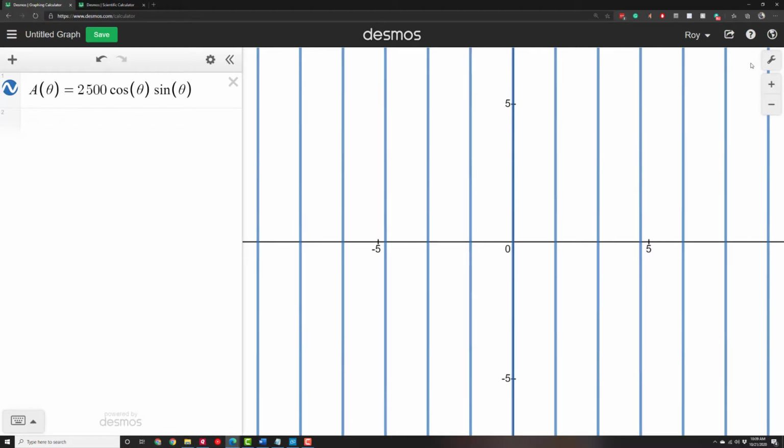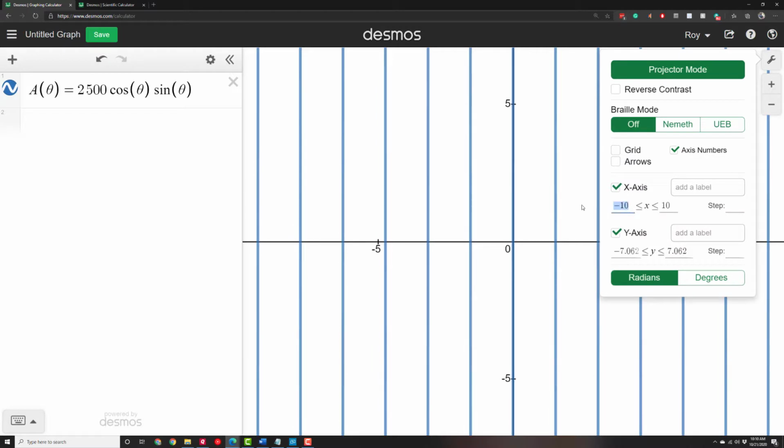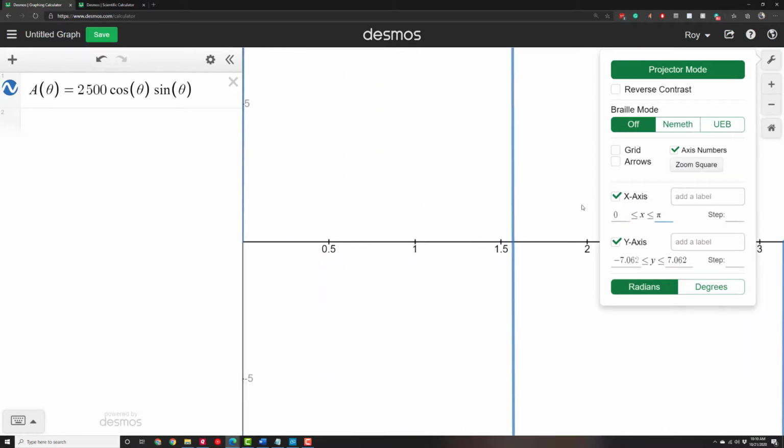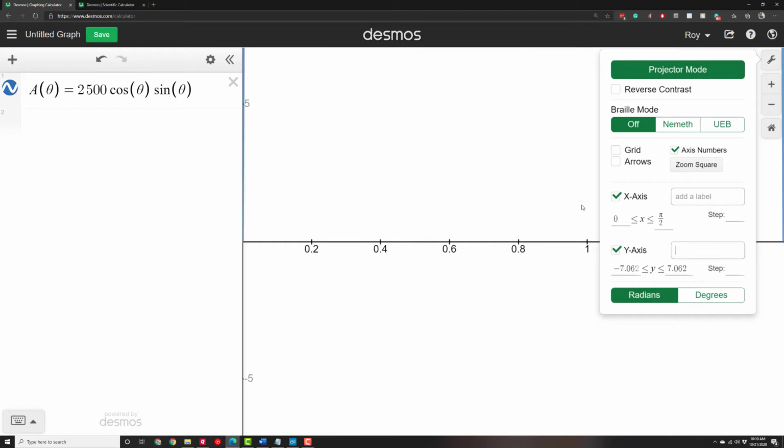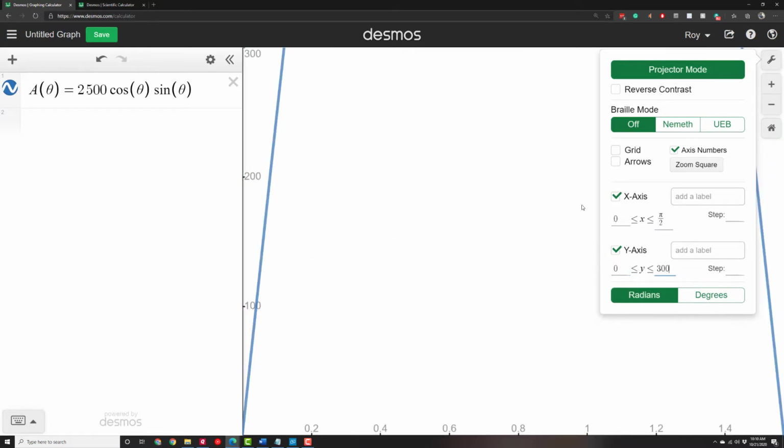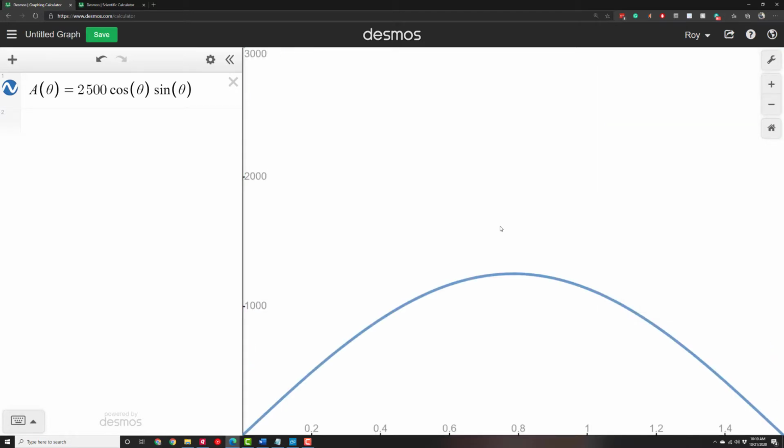They're totally different pictures. And so this is a very obvious somebody went to Desmos and just copied a graph versus somebody who knew what they were doing and took into account, oh, theta's between 0 and pi over 2, and that the y values are going to go all the way up to 2500. So I'll just go to 3000 there. Now that's the graph of it.